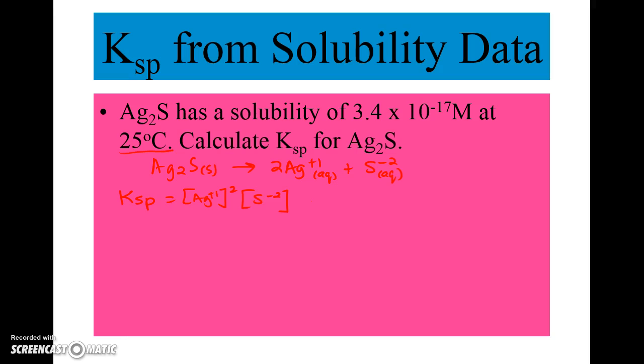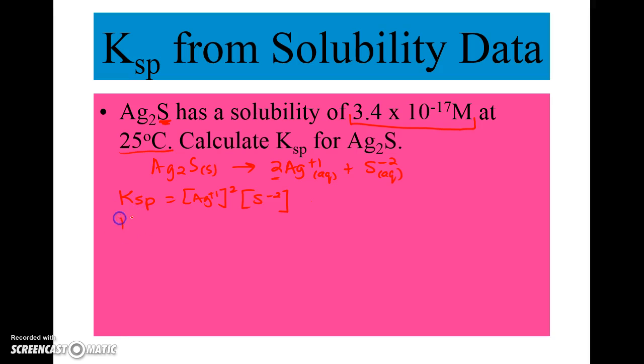We know that Ag2S has this solubility. So we know that S2- also has this solubility because S is in a 1-to-1 ratio with Ag2S. There's a 1 here, so if we know the solubility of this, we know the solubility of this. But how many more Ag+ dissolve? Well, 2 more dissolve.